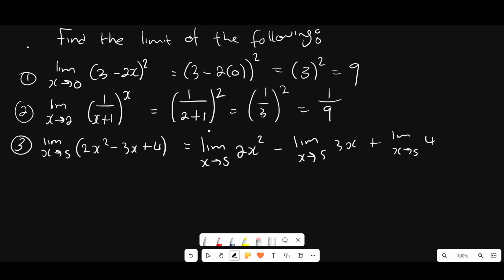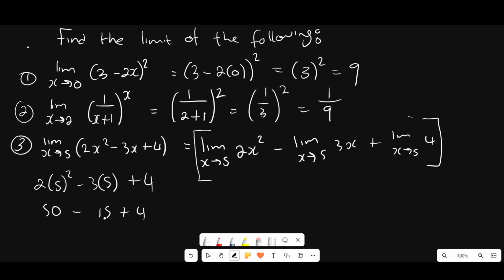Here we do not have to do this whole step. You can just do direct substitution, so I could just say 2 times 5 squared minus 3 times 5 plus 4. So that's 25 times 2, that's 50, and then 3 times 5, that's 15, so 50 minus 15 is 35, plus 4, and then we will get 39, right? You should get a value of 39 in that case.